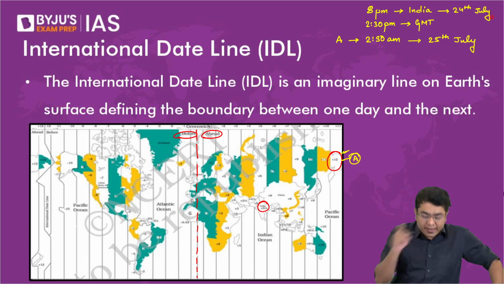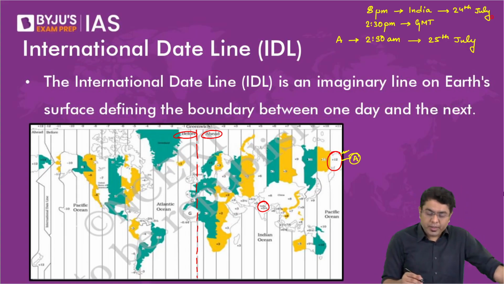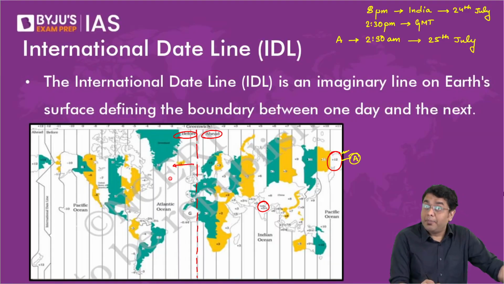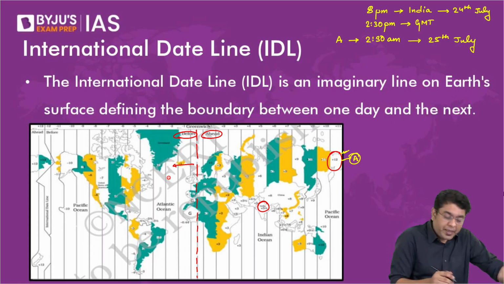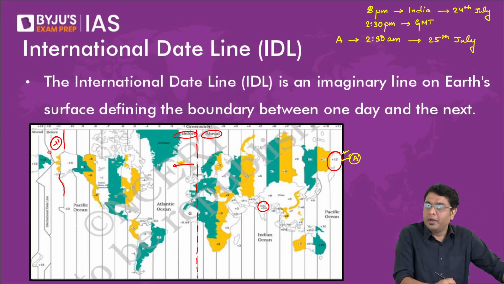Okay. Now, let me take you to another location. As we move to the west of the prime meridian, the sunrise and sunset will happen later. So observe here, in this region around Alaska, you have minus 11. Right?